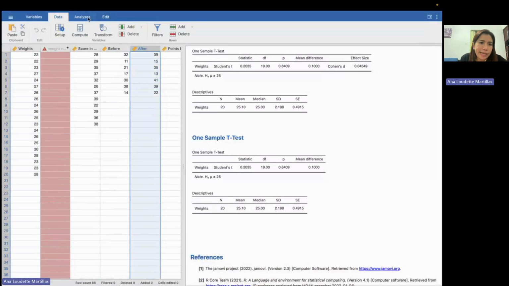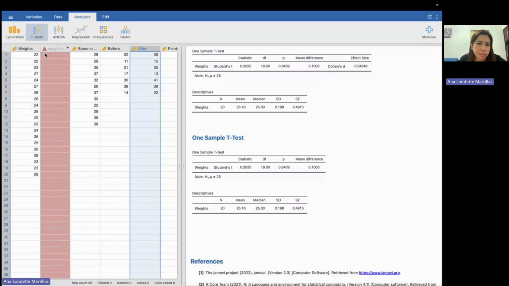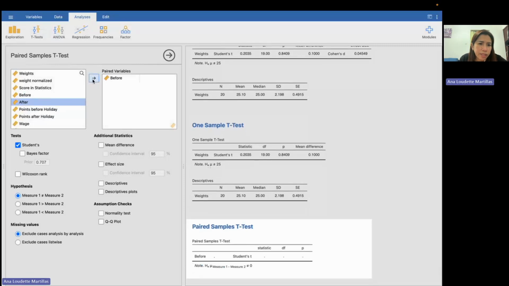We need to click Analysis, click t-test, Paired Samples t-test. Then let's move before and after to the paired variables.